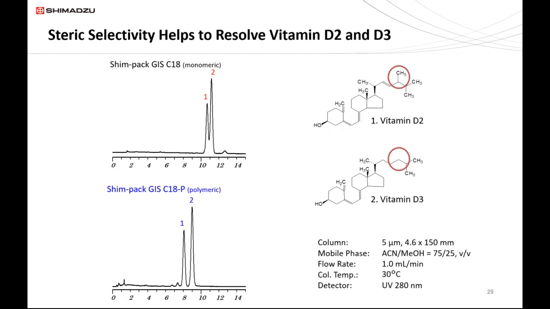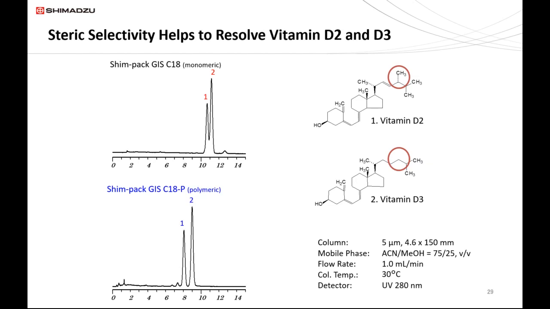Take, for example, the separation of vitamin D2 and D3, which differs in a methyl group. Using the monomeric bonded Shim-pack GIS C18 column, the two peaks are not completely resolved.